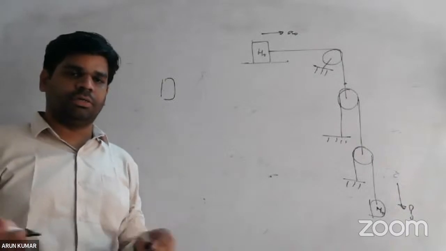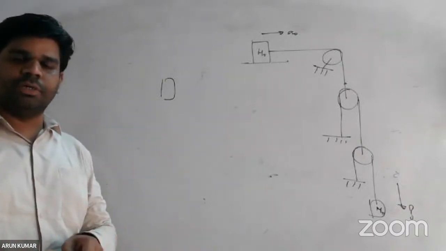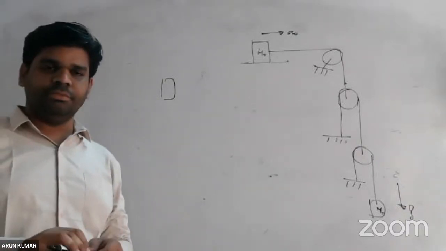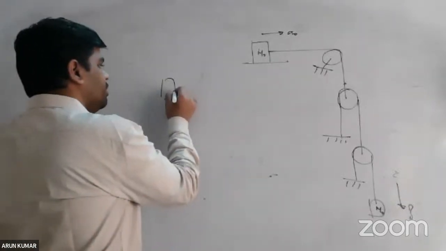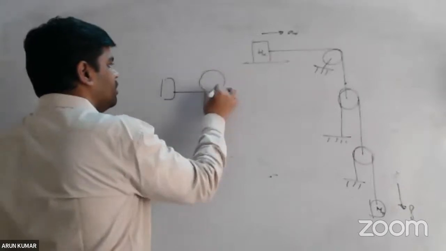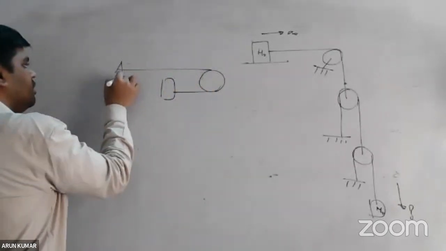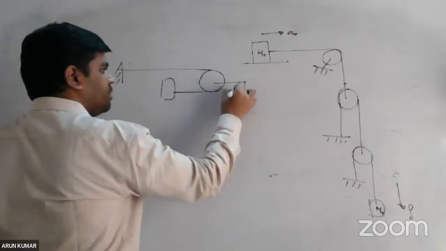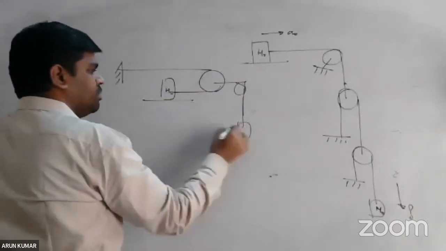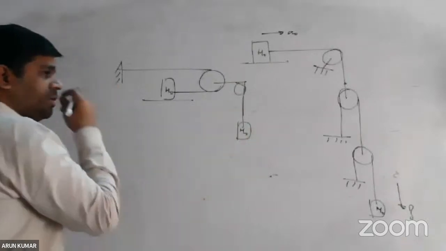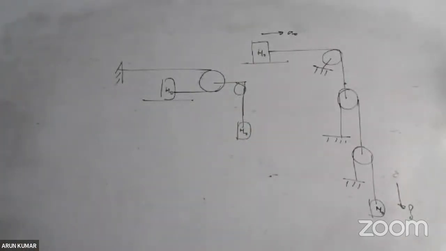Alright. Will you try this as homework? Yes, sir. Alright, I'll just give you one more. M naught and M naught, or 1 kg and 1 kg, 2 kg and 2 kg, something.